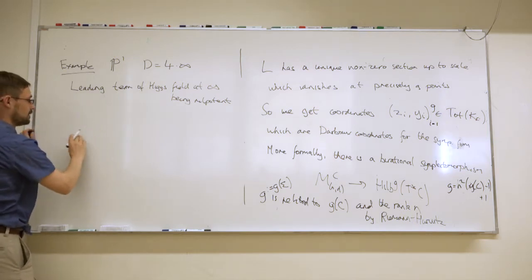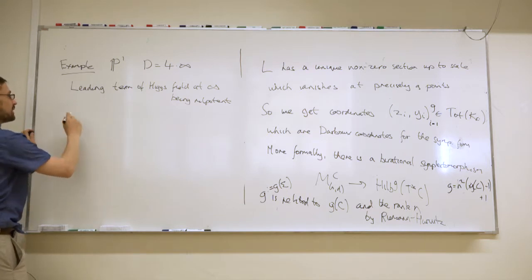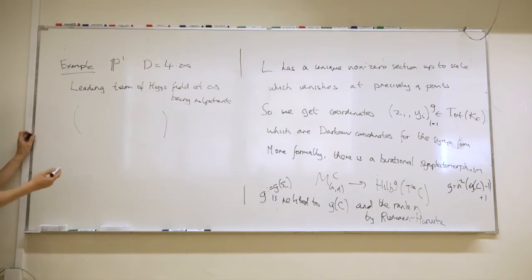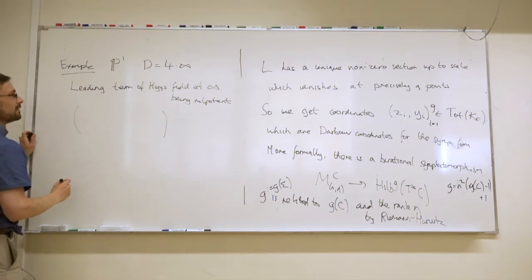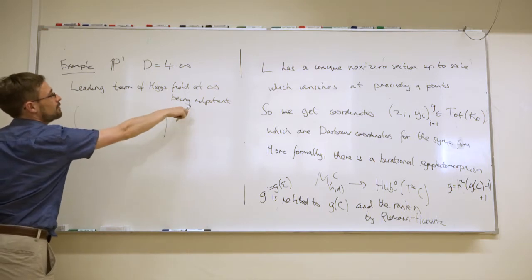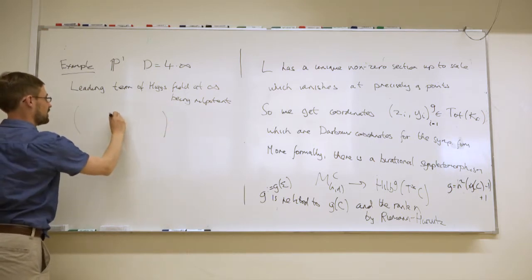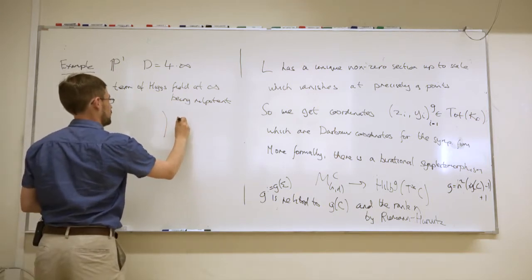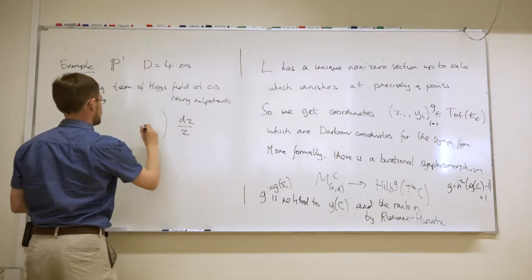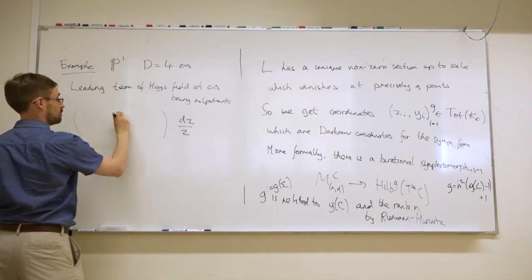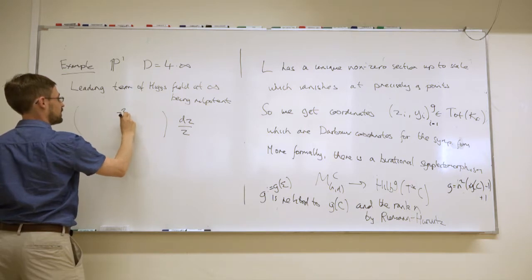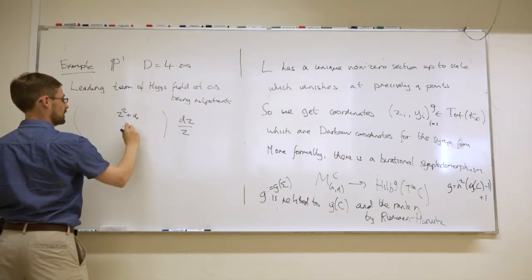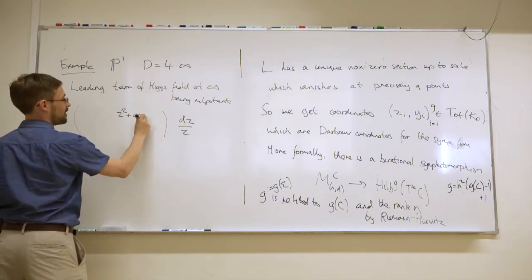And I really tried to work through what was an effective parameterization. So if this is going to be nilpotent, then the leading term of the Higgs field has to be Z squared, right? So what you get is Z squared plus something.